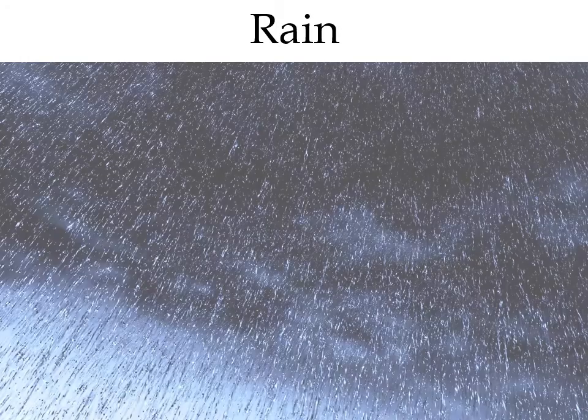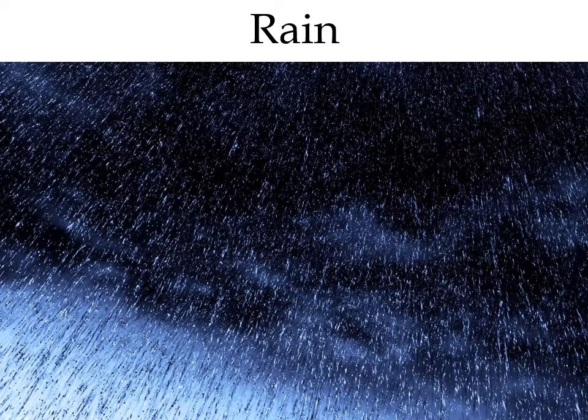Now we have to talk about precipitations. Of course, we all know what rain is, but we need to be able to define it properly. Rain is, of course, the water that falls from the atmosphere.